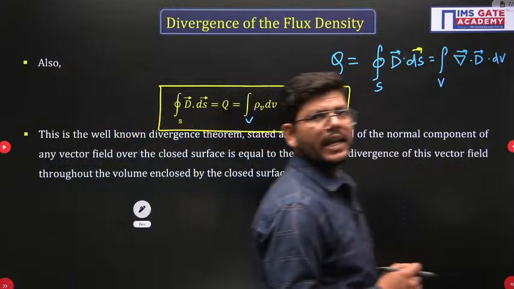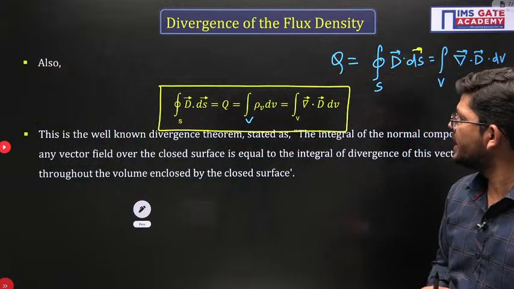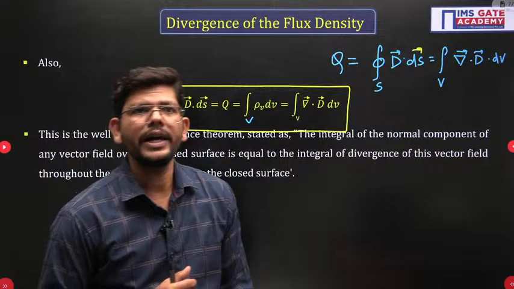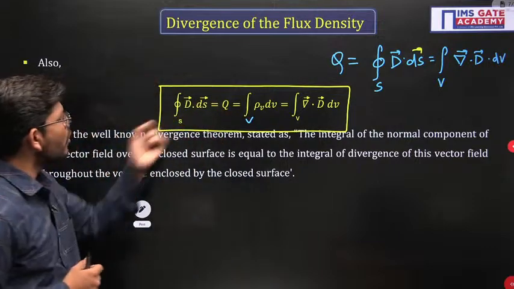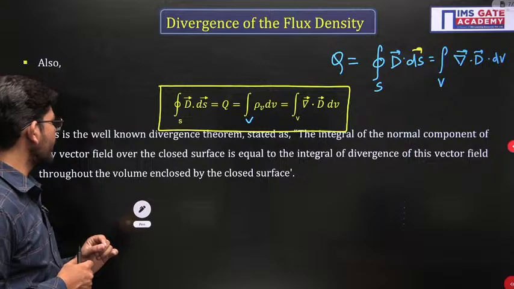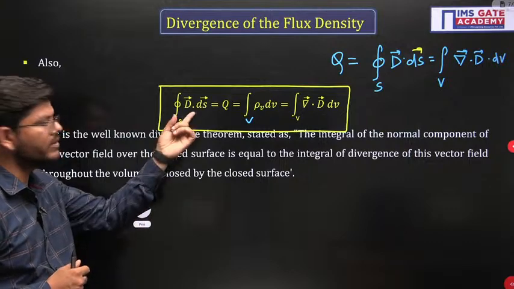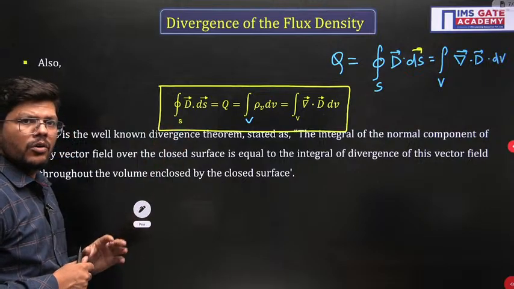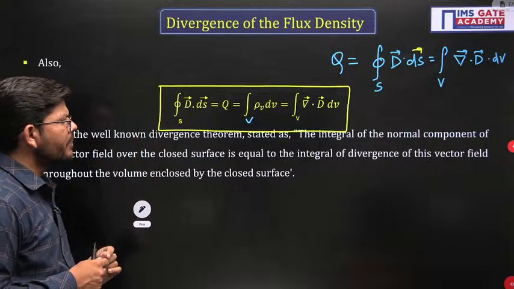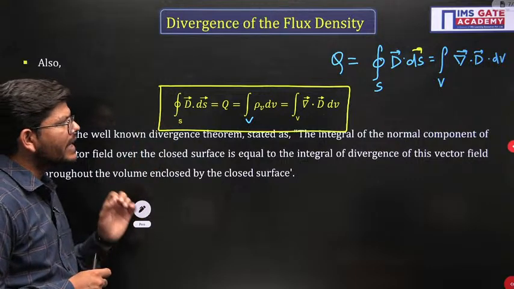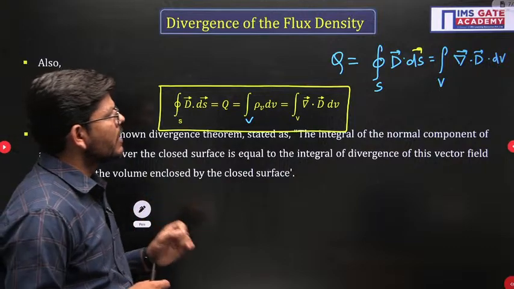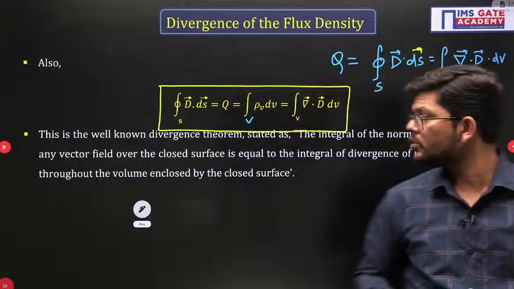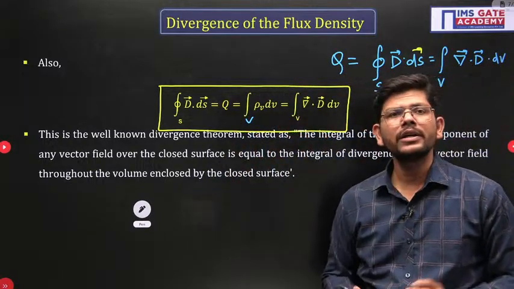So if you are calculating the integral of the normal component of any vector quantity over the closed surface, meaning we are calculating the surface integral over any closed surface of that particular quantity, that will be equal to the volume integral of this field calculated by using the divergence as well. Okay. So this is also known as the Gauss divergence theorem as well.